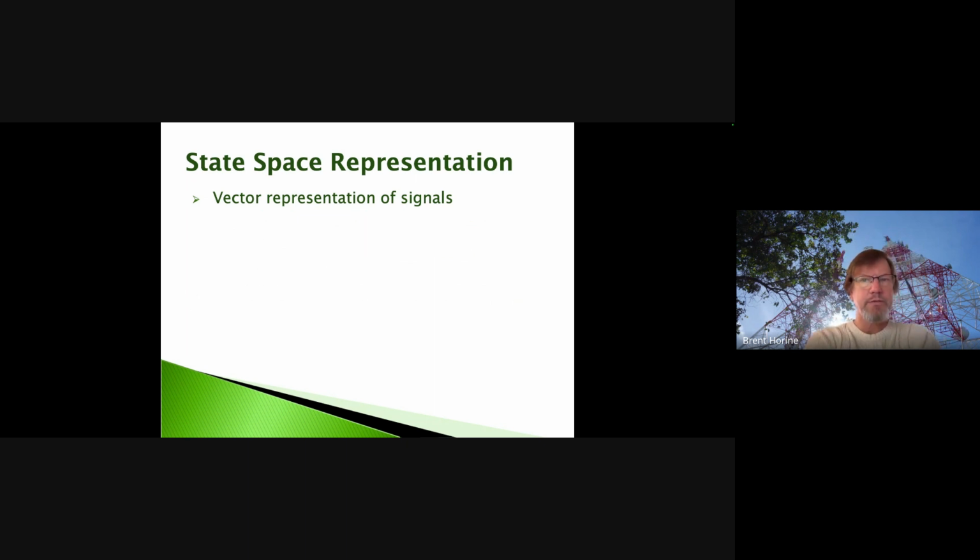So you worked with those in MATLAB, and you see this big long carrier and mathematical representation. A vector representation is going to give us a more intuitive or graphical way, in some ways, of representing our signals.